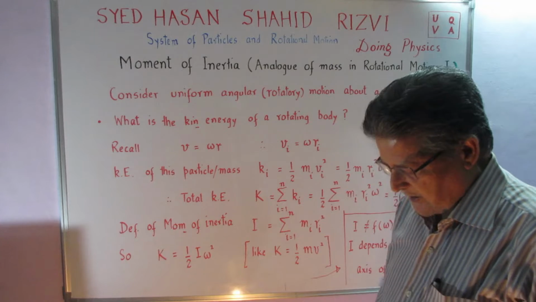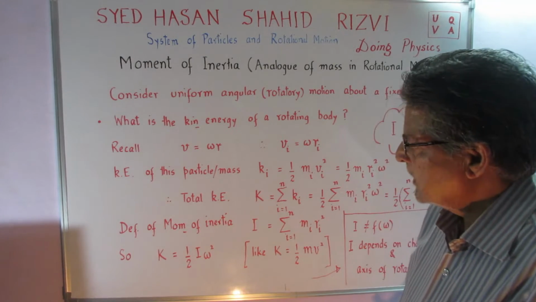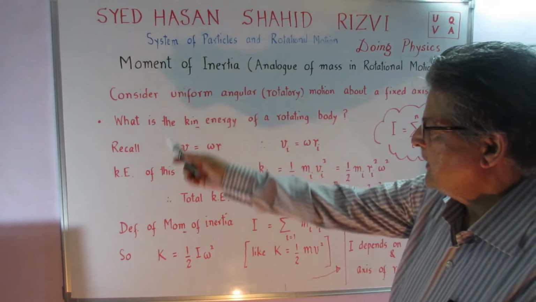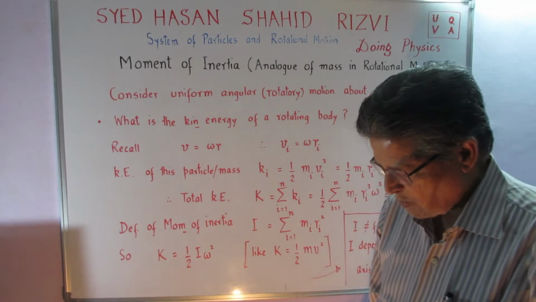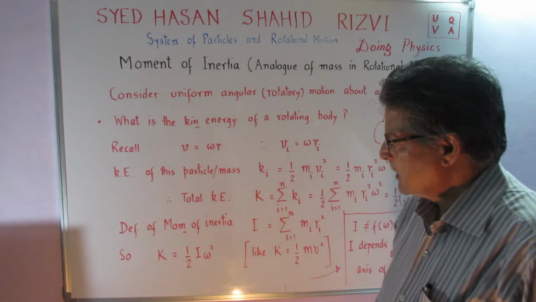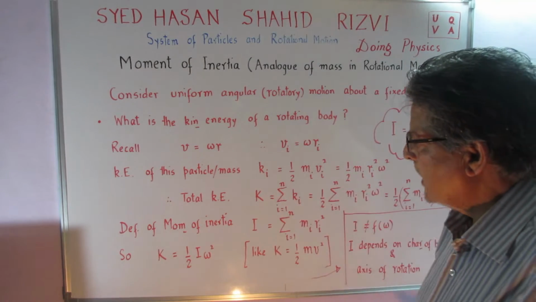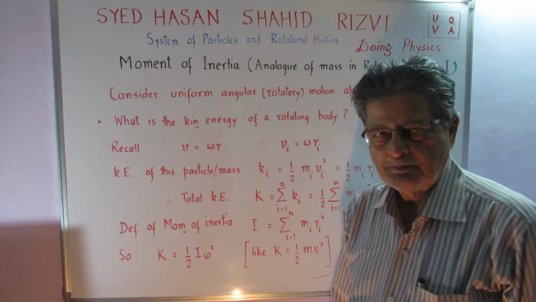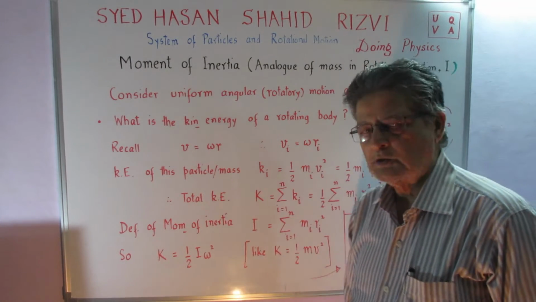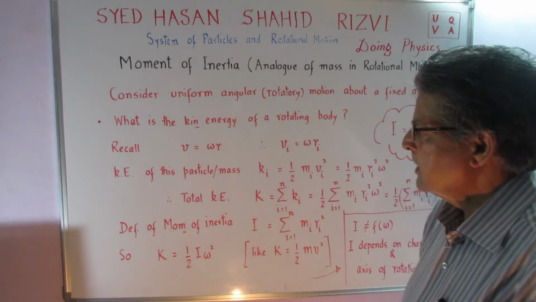To address that, let us recall that in case there is a body which is undergoing circular motion, a body of mass m undergoing circular motion with uniform angular velocity, and the speed of the body is also the same.